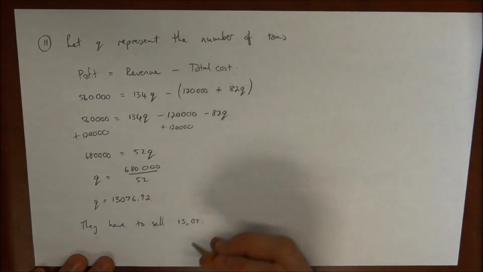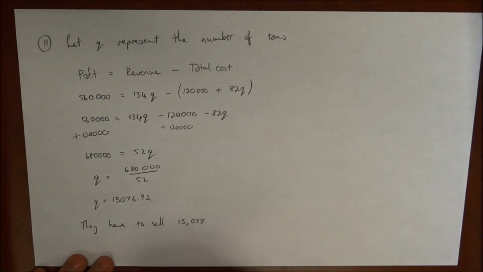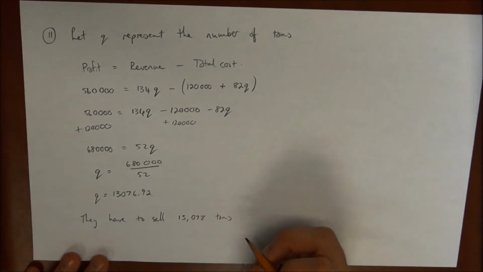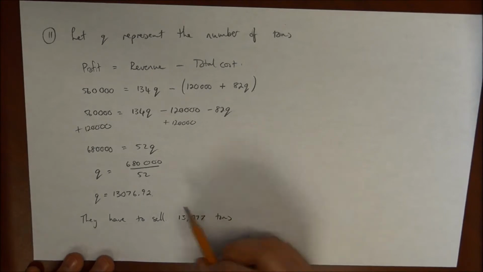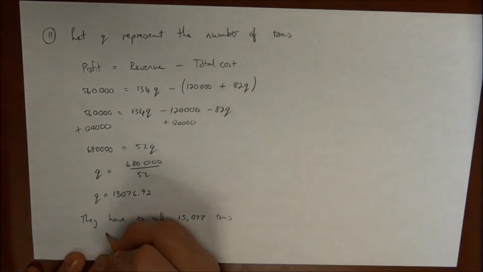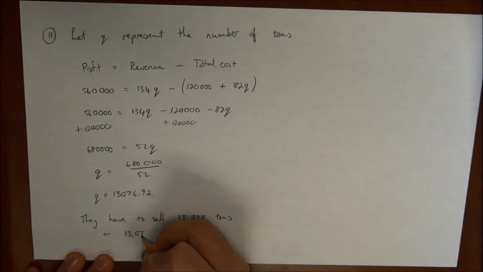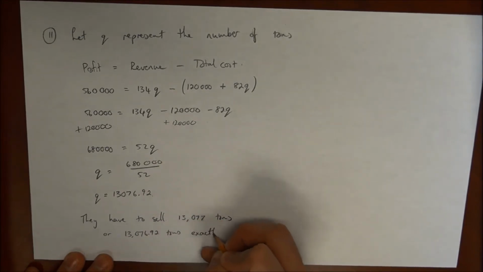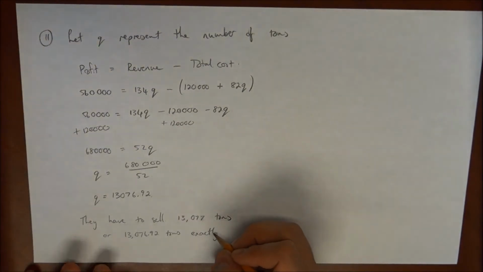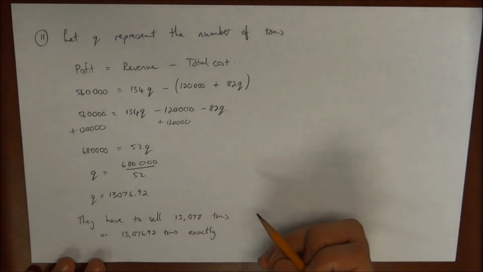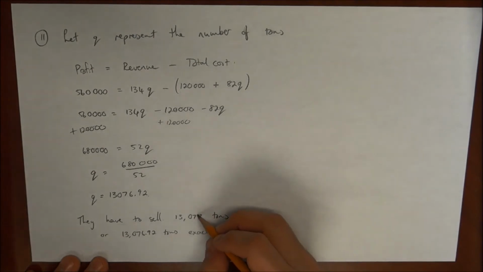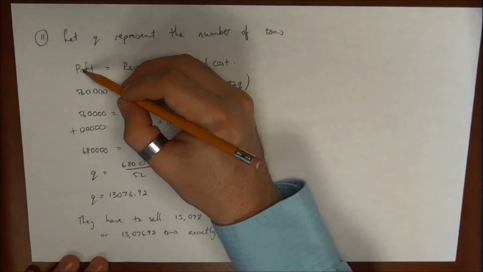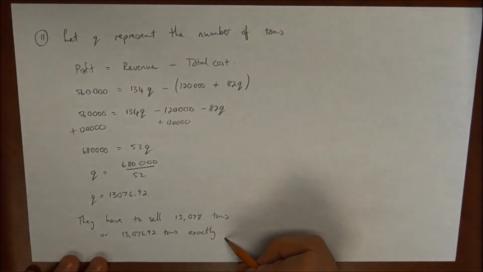They would probably have to go up to the next one, which is 77 tons. Or if they want to have it exactly, you could say 13,076.92 tons exactly. Up to you. Usually Q represents an integer quantity, number of units, which you would have to then round to the next one up, because you have to get your target. Otherwise, you can give it exactly as well.